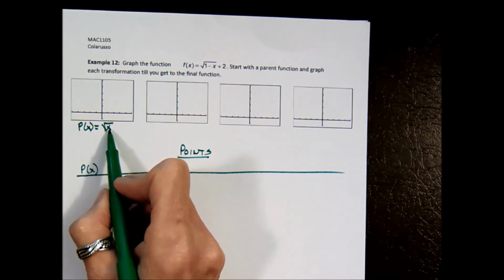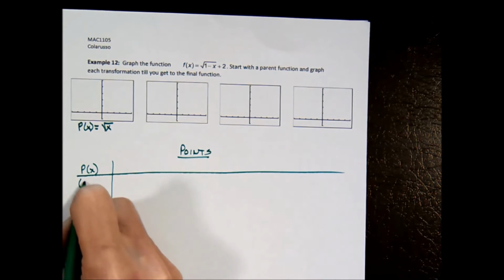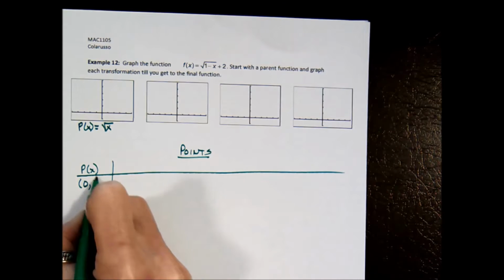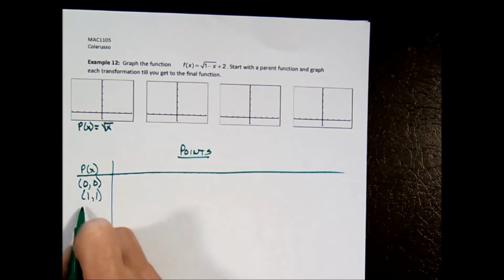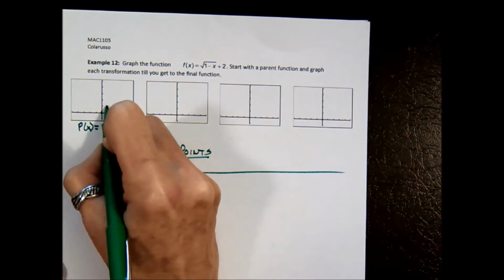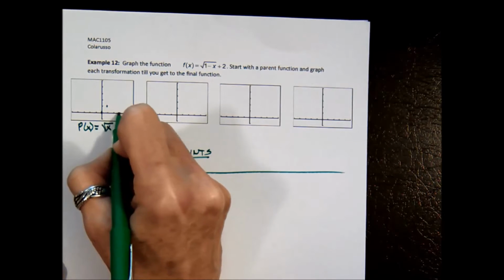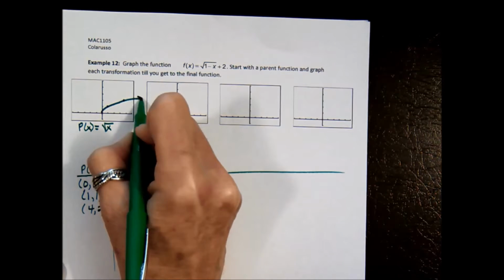Well, I know I have to plug in 0 or positive, so I'm going to have the point 0, square root of 0 is 0. 1, square root of 1 is 1. 4, square root of 4 is 2. So I know I have the points (0, 0), (1, 1), (4, 2), and I know that my shape is about like that. And you can test it in your graphing calculator if you want.